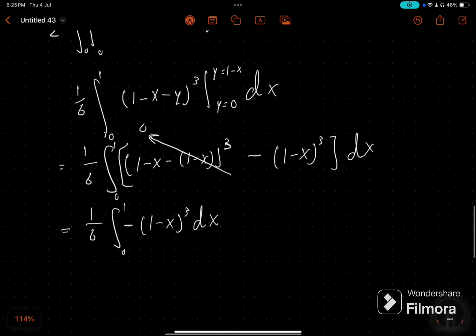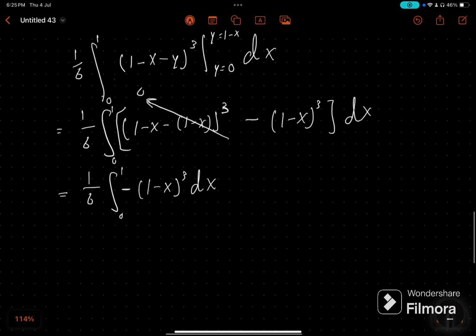Now here it's basically the chain rule, 1 over 6 times minus 1 minus x all to the 4 over 4 evaluated from 0 to 1.